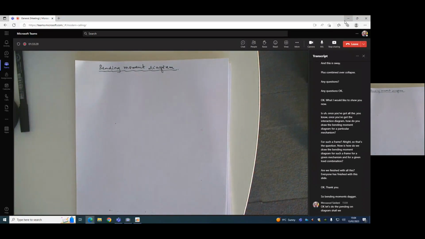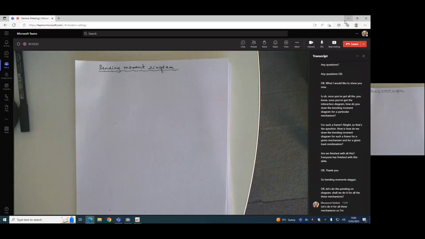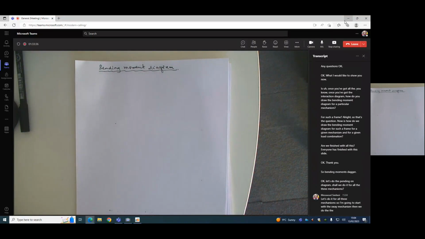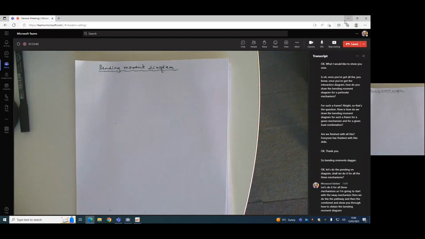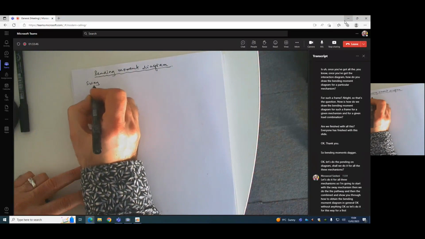Shall we do it for all the three mechanisms? Let's do it for all three mechanisms. So I'm going to start with the sway mechanism, then we do the part sway, and then the combined, and show you how to obtain the bending moment diagram in general, okay, without anything, okay? So let's do it for the sway first of all.